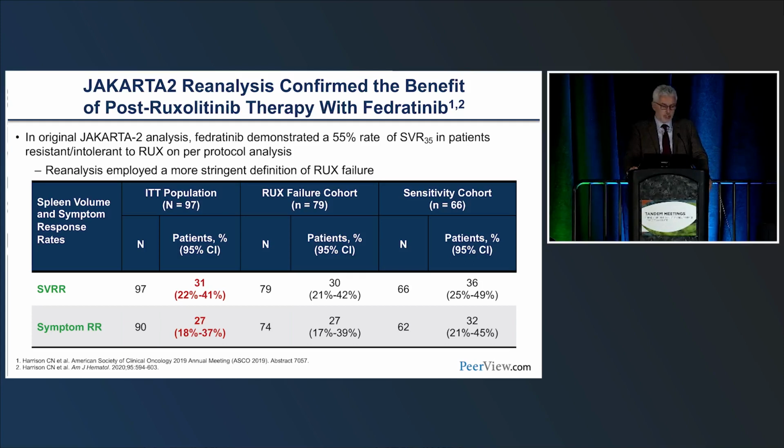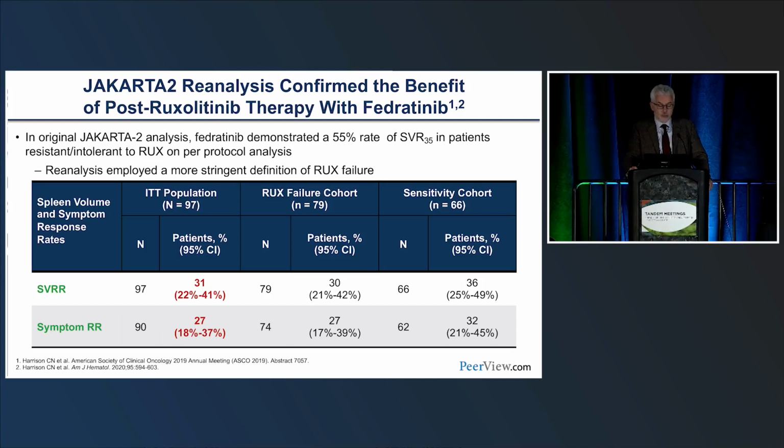A more modern reanalysis of that study with specific definitions of ruxolitinib failure is shown here, and in red color, in this complicated table, is the bottom line information that is perhaps very useful in every practice. What do we expect from fedratinib after ruxolitinib? A 31% response rate in spleen and 27% in the symptoms.